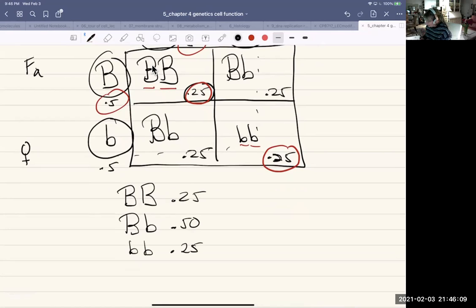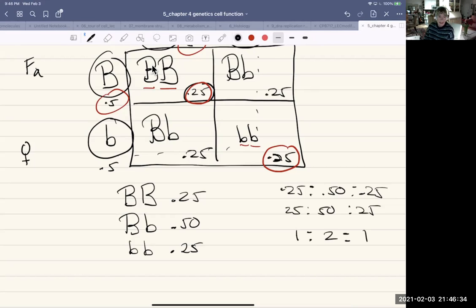I wish I'd done them side by side. You could go 0.25 to 0.50 to 0.25. You could go 25 to 50 to 25, but you could also go 1 to 2 to 1 as it's a ratio. Good, yeah, 1 to 2 to 1, exactly. So that's the ratio.